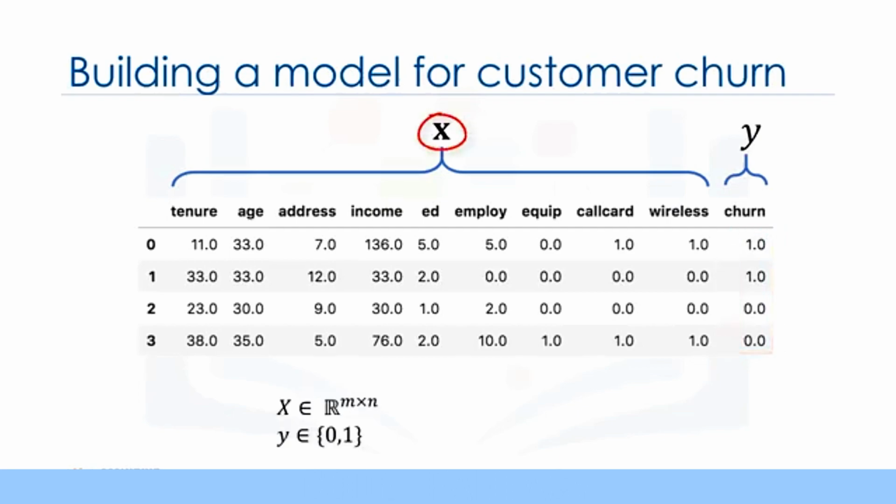X is our dataset, in the space of real numbers of m by n, that is, of m dimensions or features and n records. And Y is the class that we want to predict, which can be either 0 or 1. Ideally, a logistic regression model, so-called Y-hat, can predict that the class of the customer is 1, given its features X. It can also be shown quite easily that the probability of a customer being in class 0 can be calculated as 1 minus the probability that the class of the customer is 1.